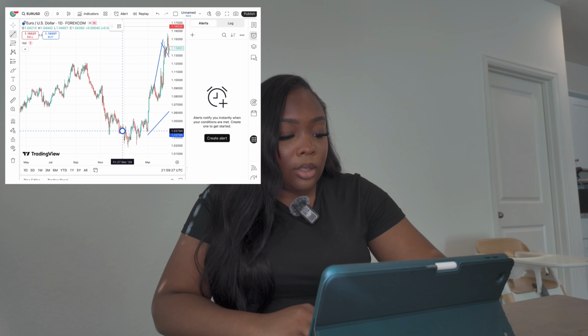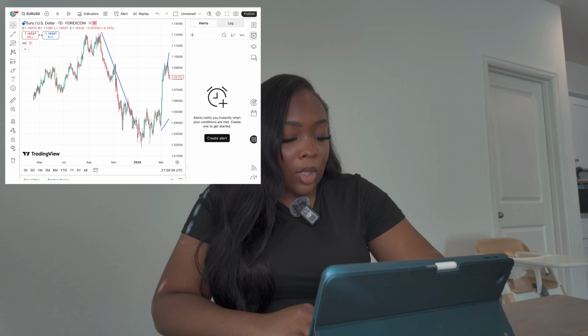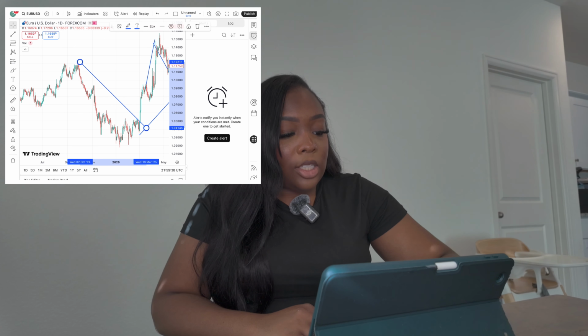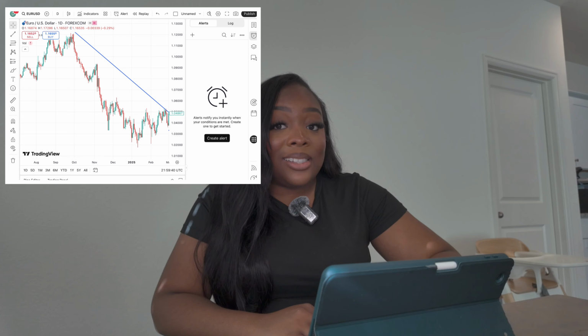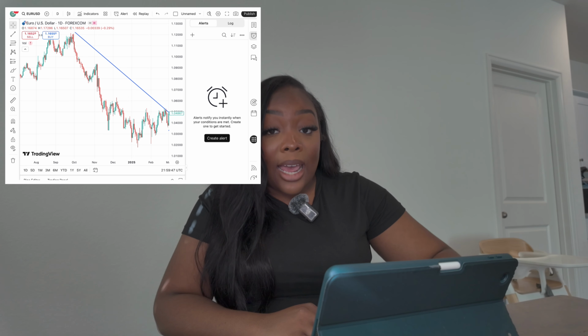This right here is a downtrend, guys. As you notice here, it never hit past this line, which is the trend line that I just drew. It never hit past that line. This is a downtrend.